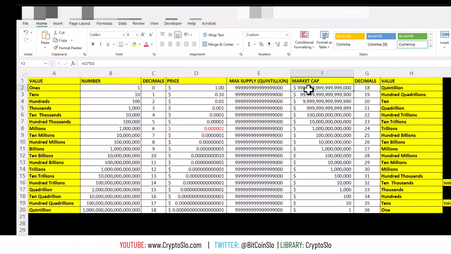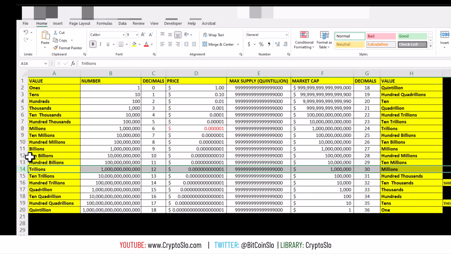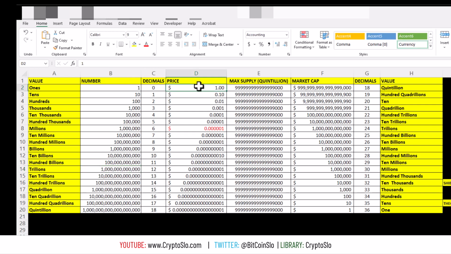So let's think about this. If we're in trillions, the debt of the government right now is 30 to 40 trillion. Is it likely that XEN will reach $1? It's possible, but I would say it's not probable. That is simply too big of a market cap.